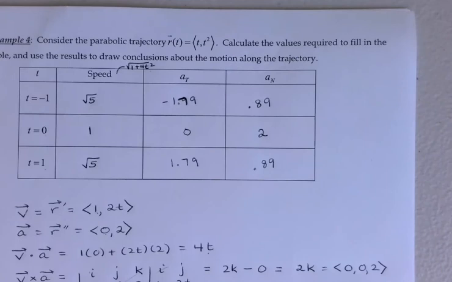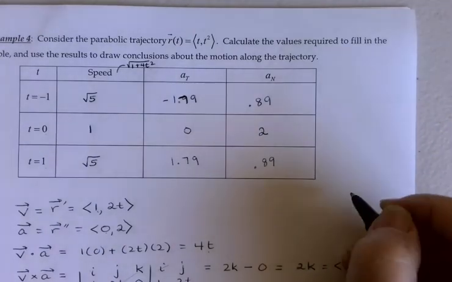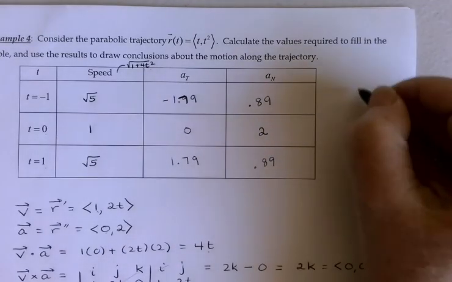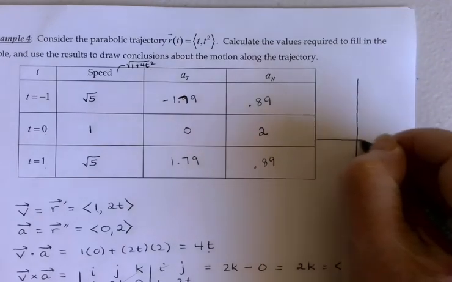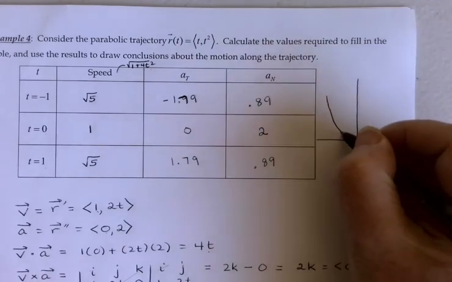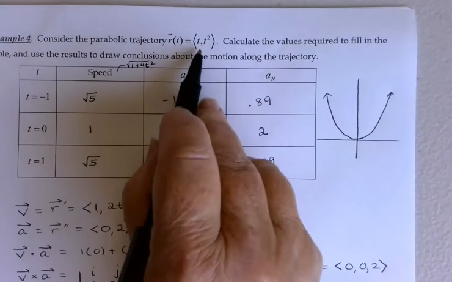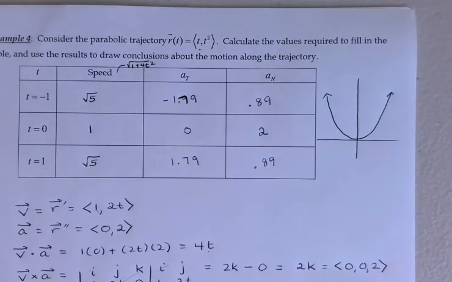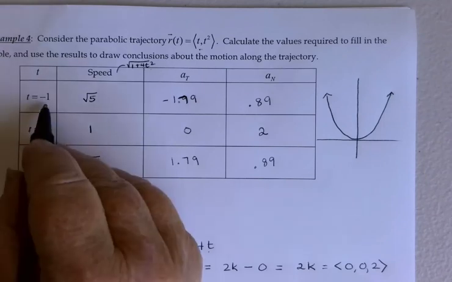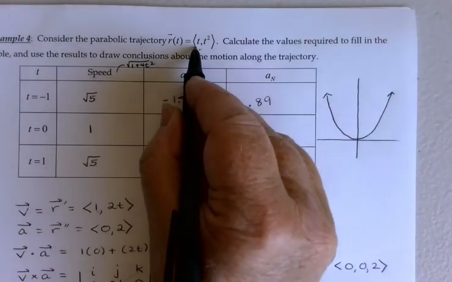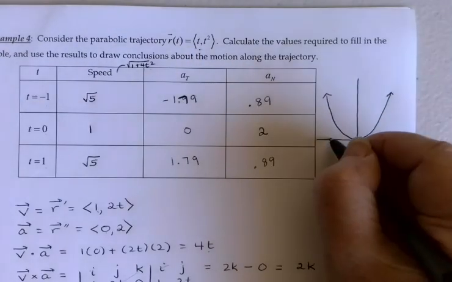All right, I'm going to sneak in a little picture right over in here because I'd like to talk about it while I can see this table. This is certainly a parabolic trajectory, t comma t squared. And the 3 points that I was interested in were when t is negative 1, I'd be at negative 1, 1.